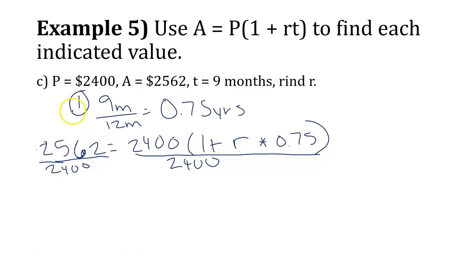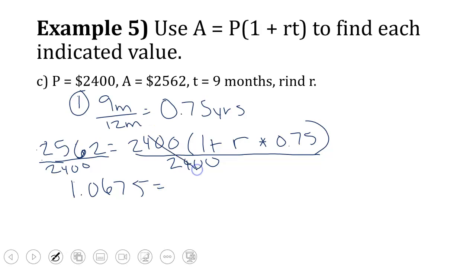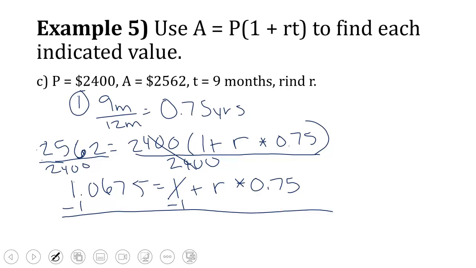So then we get 1.0675 equals, and now that 2,400 is gone, bring down the 1 plus the R times your decimal. And so we can subtract the 1 on both sides. So now we're left with 0.0675 equals R times 0.75.